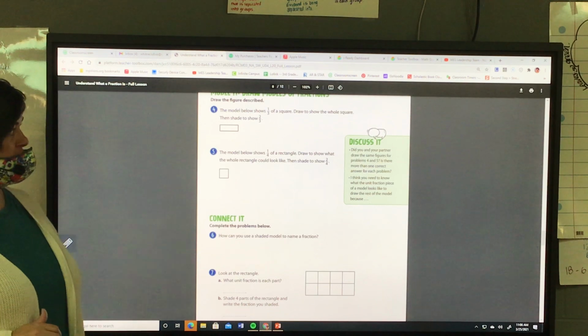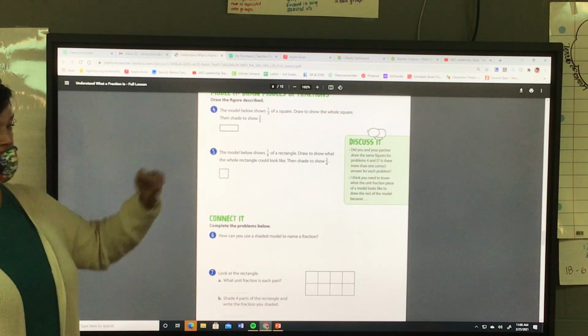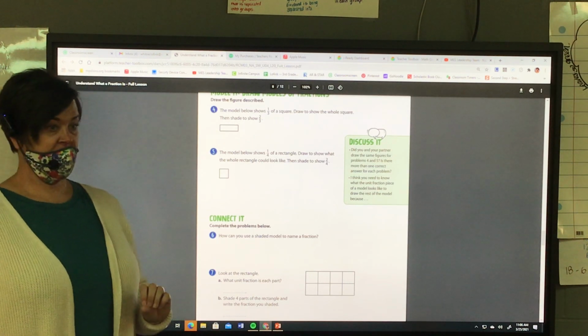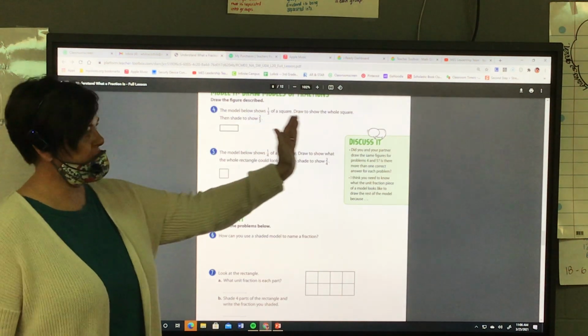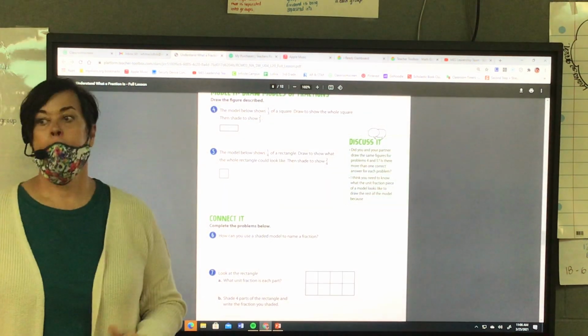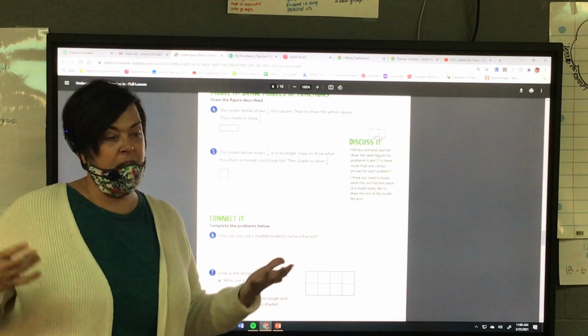Draw to show the whole square. Now, friends, is this a square? No, it's only 1/3 of it. So are you going to draw the other 2/3 out this way? No. Or underneath it? Underneath.